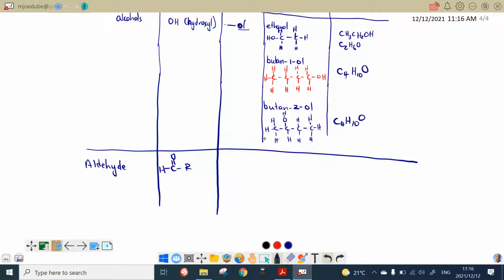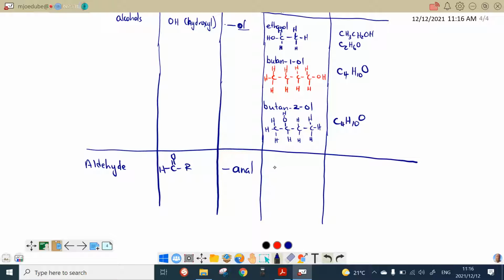Now that carbonyl group is terminal. In other words, it is on the last carbon of the chain. And the ending of the name of the aldehyde is -anal. It ends with -anal.